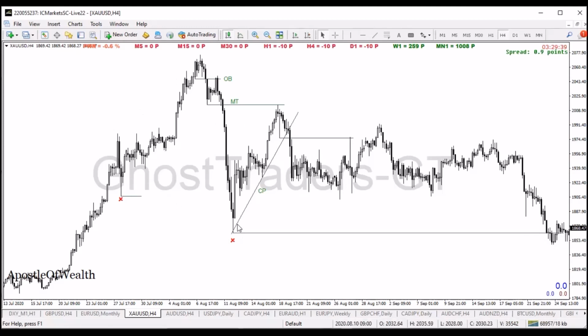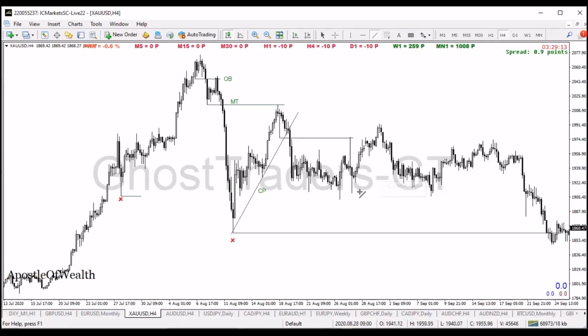So since we are in a bearish market, what we're going to be looking for is simply bearish order blocks, bearish mitigation, and bearish breakers. That's what we're going to be looking for. Don't look for any bullish mitigation or bullish breaker in a bearish market condition. That's when these things get violated.